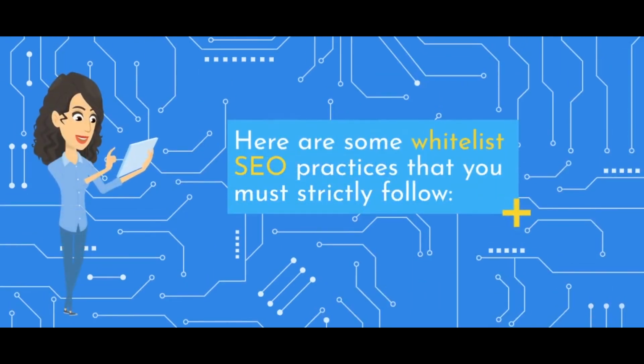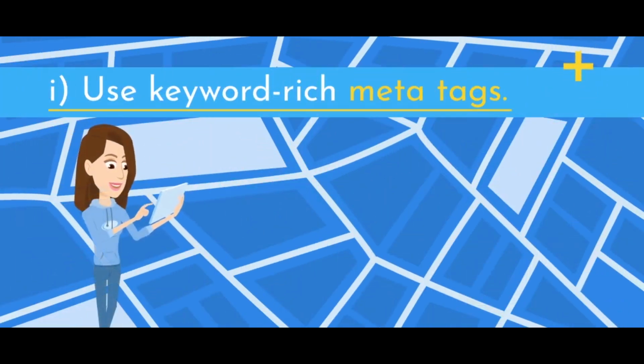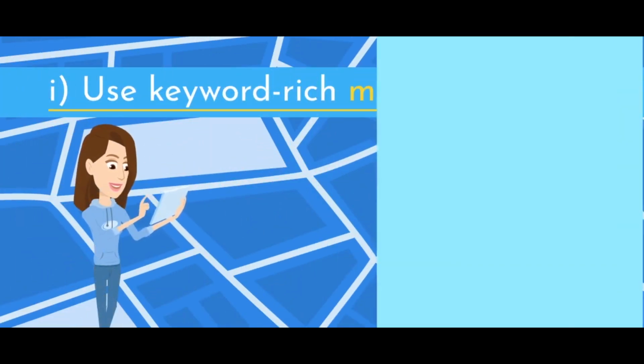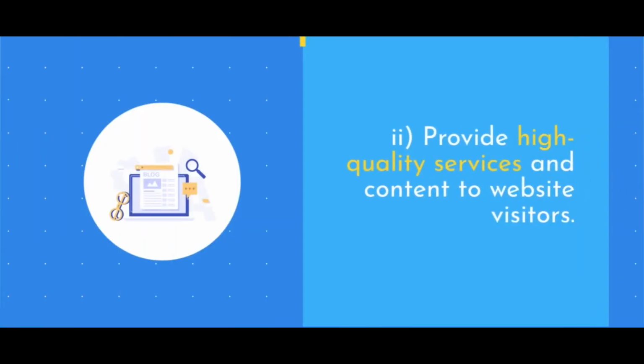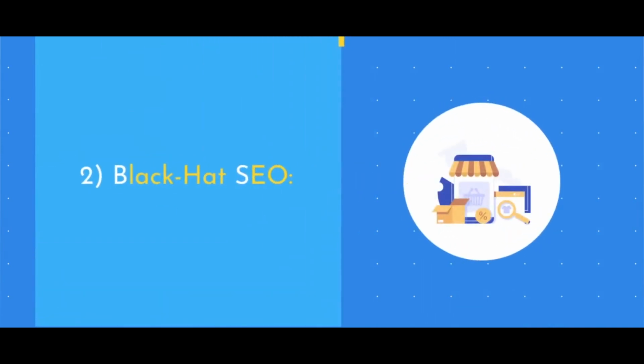Here are some white hat SEO practices that you must strictly follow. 1. Use keyword-rich meta tags. 2. Provide high-quality services and content to website visitors. 3. Make your website easy to navigate. 2. Black hat SEO.